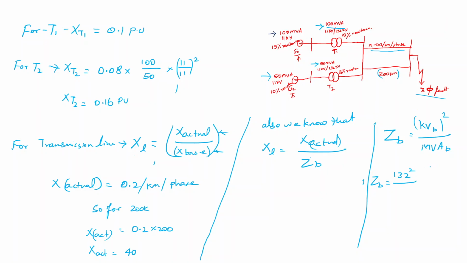What is MVA here? MVA base. It is 100, right? So what is the value? ZB value is, so calculate and tell me. 174.24. Very good. 174.24 is the ZB value.